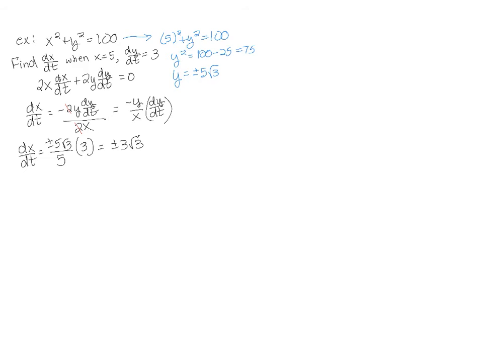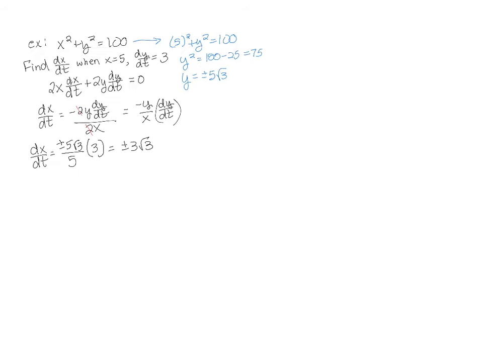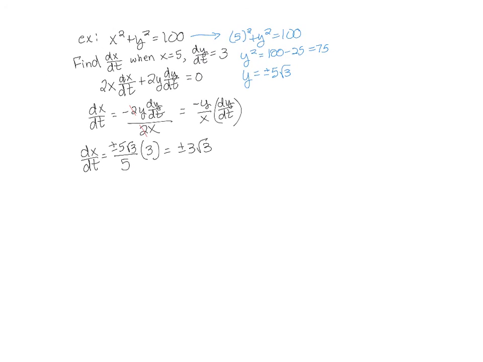Let me show you. This is called related rates, is what it's called. And we're in 3.9. Let me write that down. This is 3.9 related rates.